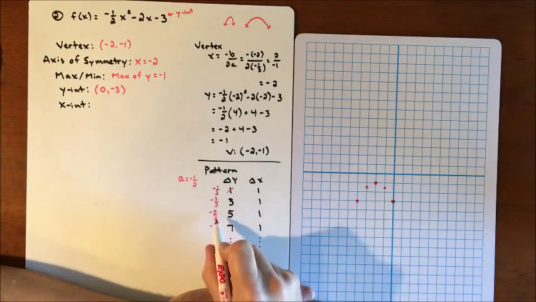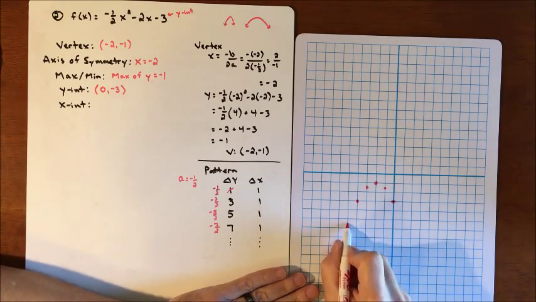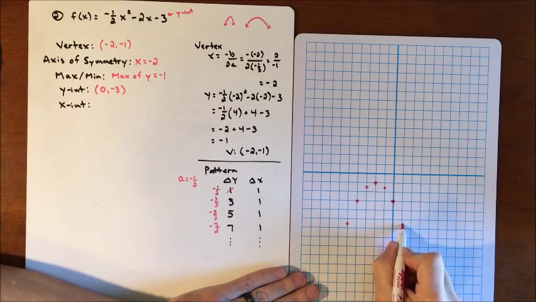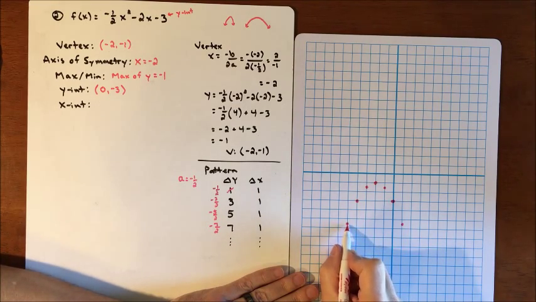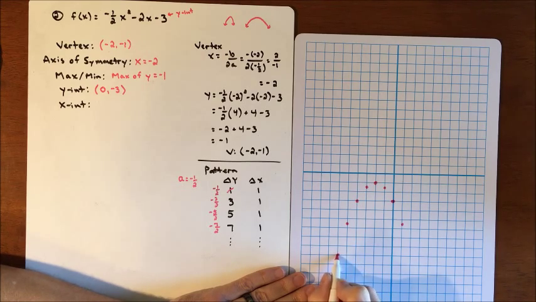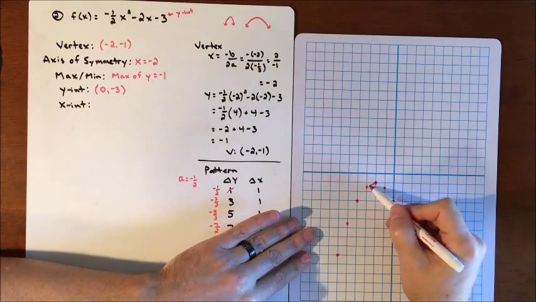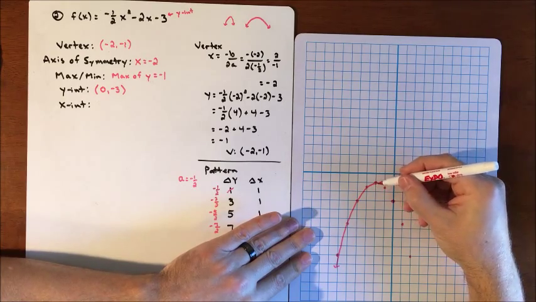And then we'll go down 2.5 over 1, on both sides. And then we could go down 3.5 over 1, and it's symmetrical. So our graph looks like this.